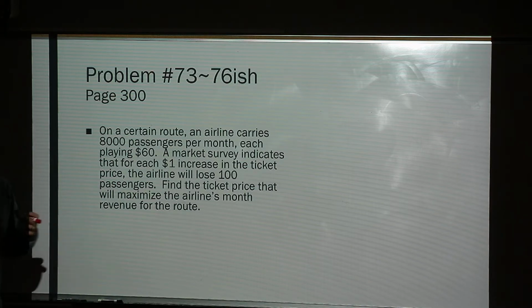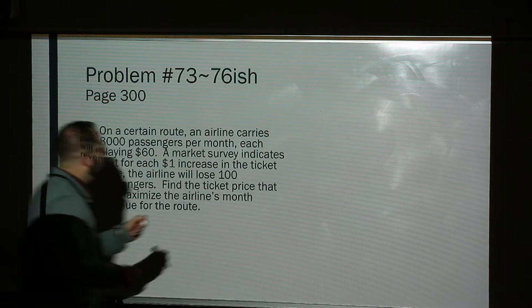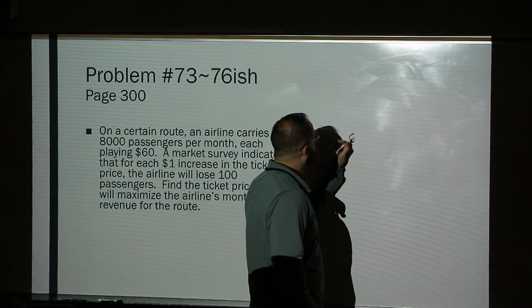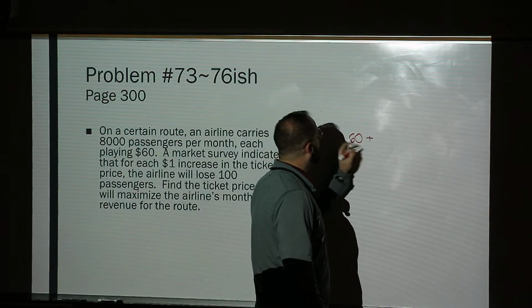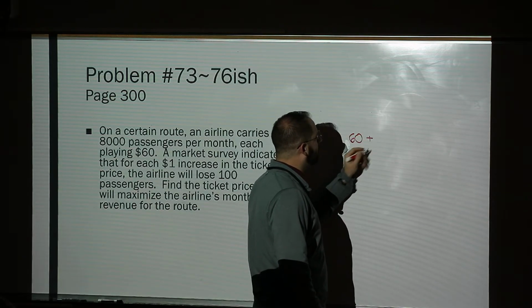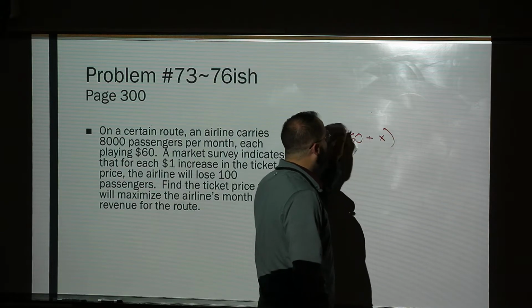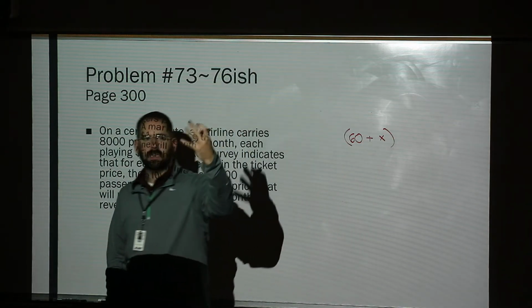So here's the idea. I consider this a challenging problem, because you have a lot of things to think about. If you increase your $60 price tag by so many dollars, my x is going to be the increase in dollars.